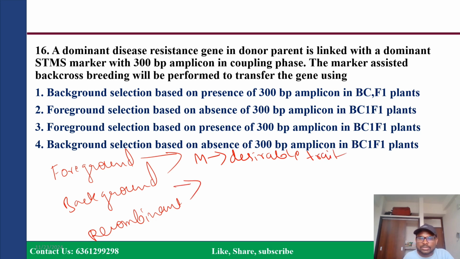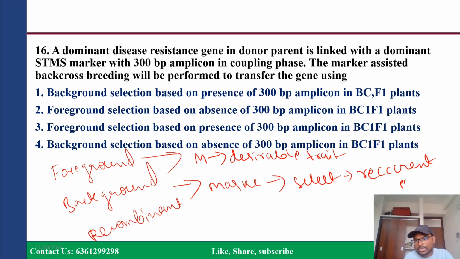Background selection: markers are used to select the recurrent parent genome. Then recombinant selection is to avoid linkage drag.